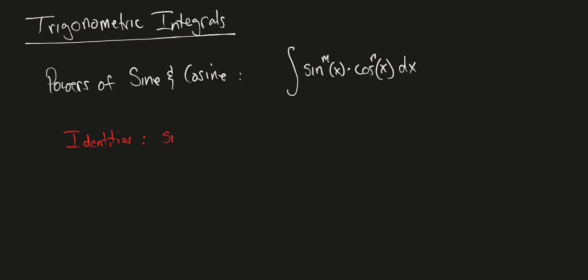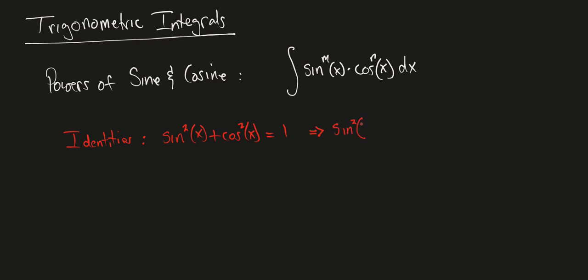We know this basic identity, sine squared plus cosine squared is equal to 1. It doesn't have to be just an x, or you might remember it in terms of theta. Here's the more general representation, and I'll write it as a placeholder.